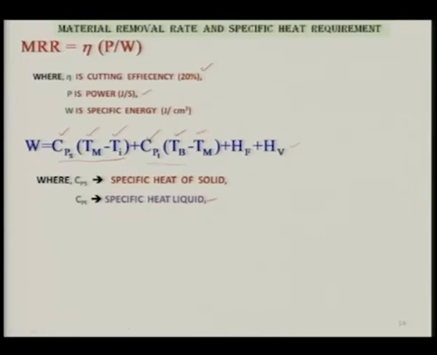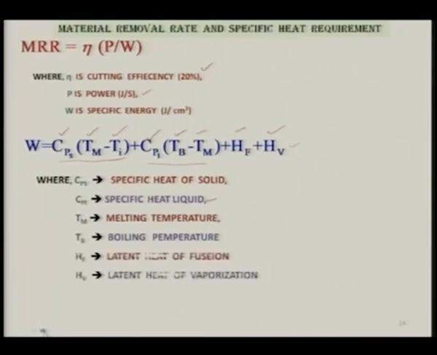So that will give you the heat for the liquid, and then you need the latent heat of fusion and then the latent heat of vaporization. So this way you can calculate the specific heat requirement for melting and vaporization of a unit amount of workpiece material, and this is very essential when we want to theoretically calculate the machining efficiency of the system.